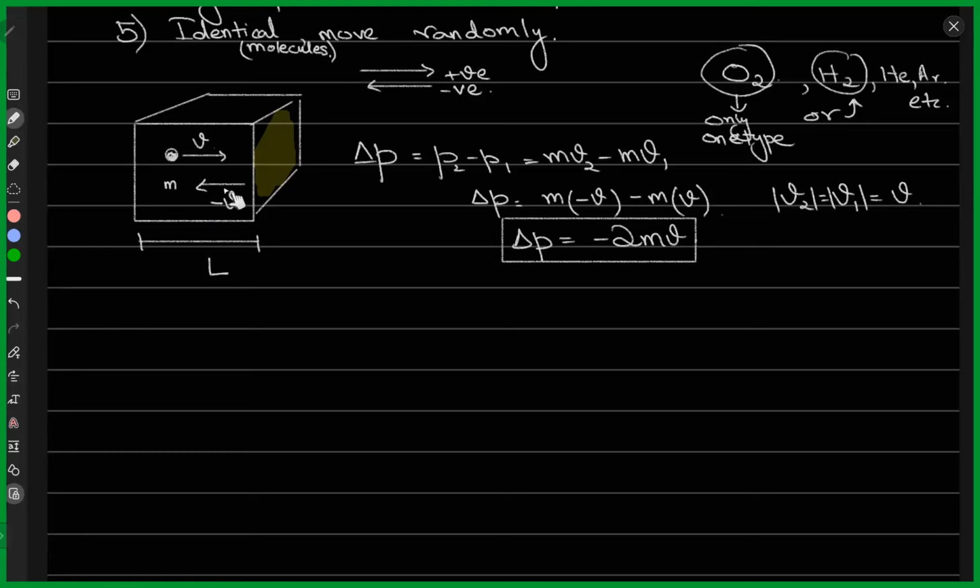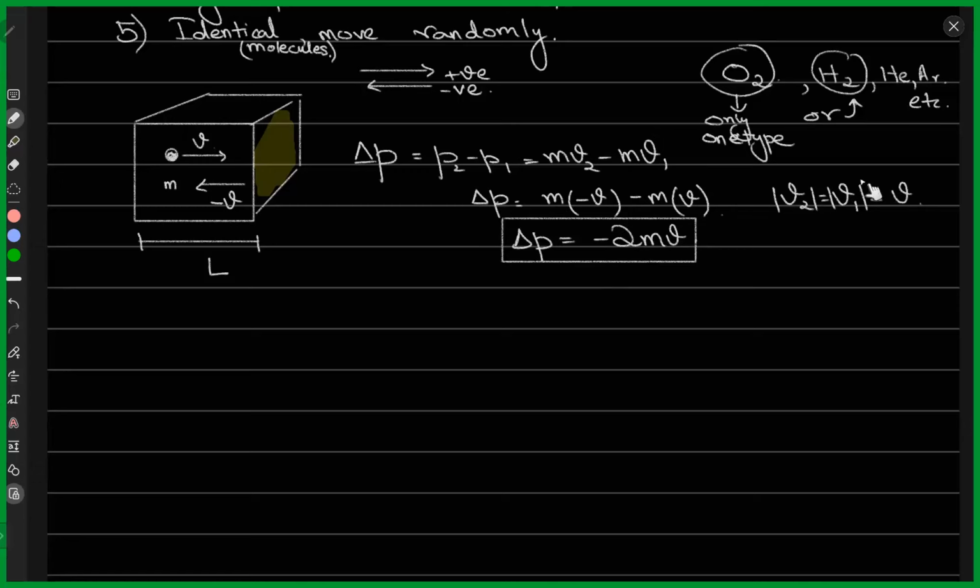And so I just substituted these values in this expression, m v2, but v2 is minus v because v2 is the velocity after rebounding, and minus m v1. So v1 is just positive v because it's moving to the right. And so just doing the math now, this becomes minus mv, which becomes minus 2mv. And that's the change in momentum.